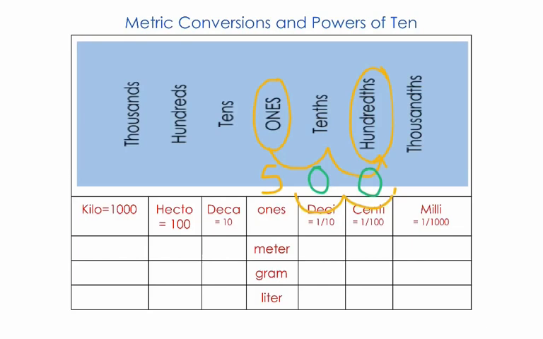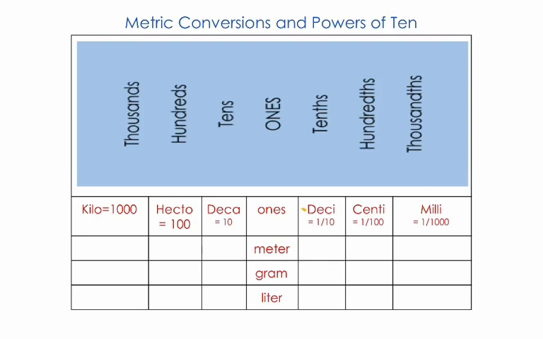Now the next example is 9,000 meters. Wow, so now they're giving you a big number, right? 9,000 meters into kilometers.